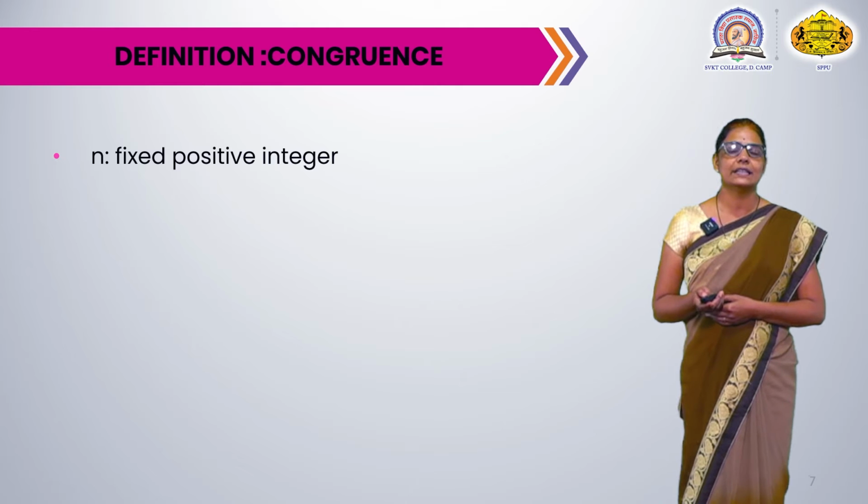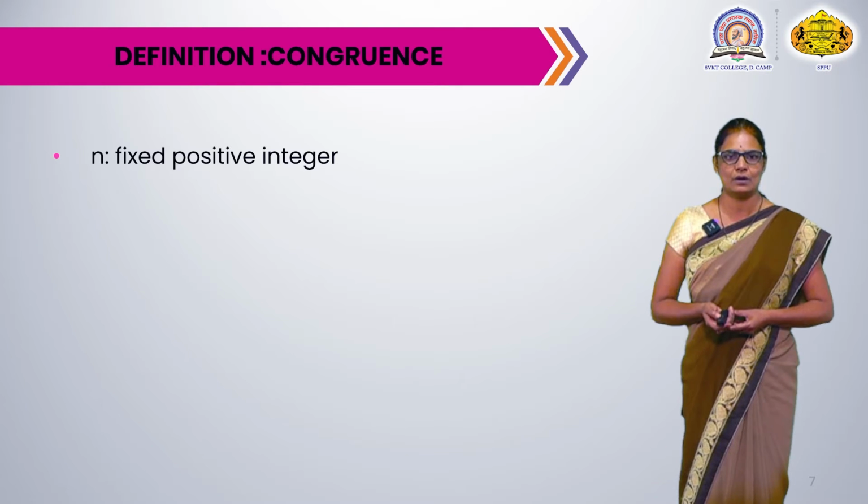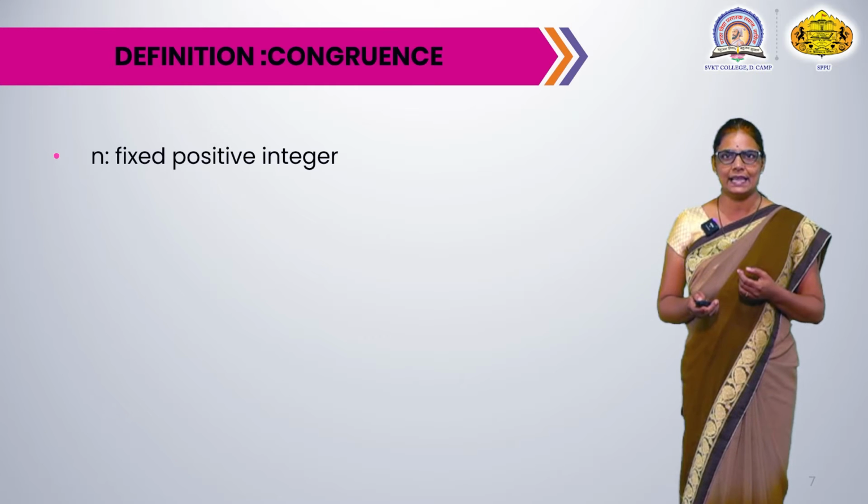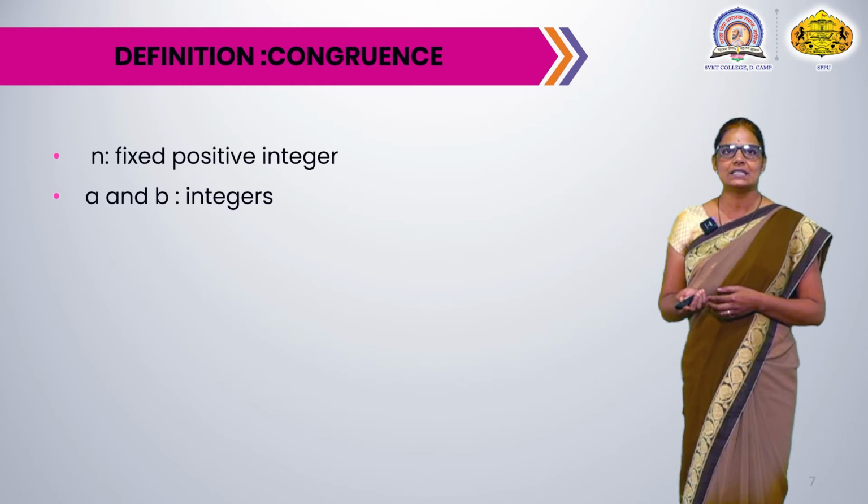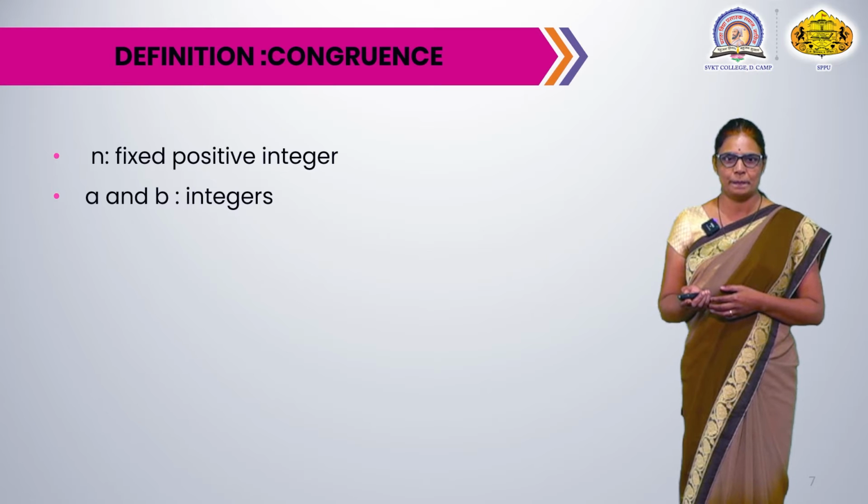So let us see the definition of congruence modulo n. For that we require a fixed integer n, and we consider two integers say a and b.